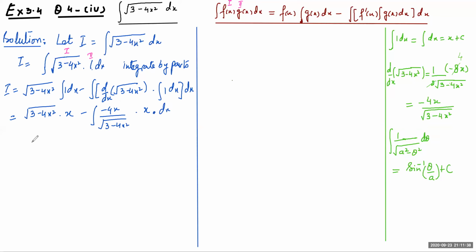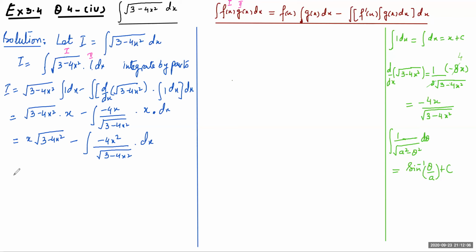Here it is. Now I just arrange the expressions a little bit. x into square root of 3 minus 4x square minus integral of 4x square divided by square root of 3 minus 4x square into dx. Remember that you must keep this negative sign inside, don't take it outside.